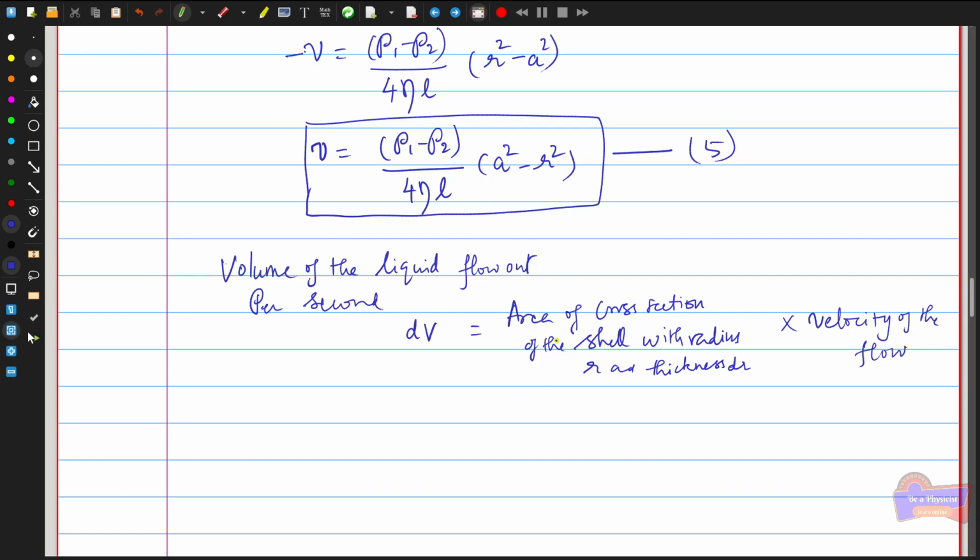So we can easily write the area of cross section of the shell with radius r and thickness dr as 2 pi r into dr, multiplied by the velocity of the flow.